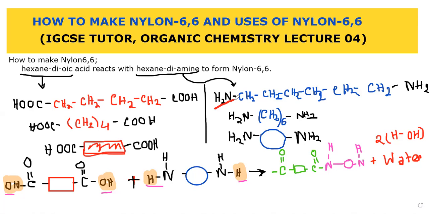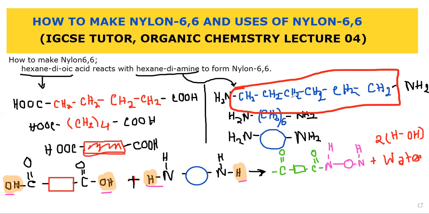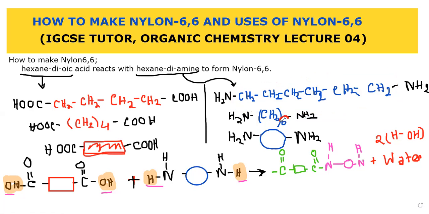So in the next line, we write down the functional group NH2, and like before, we sum up 6 CH2s, that is CH2 and 6, which means there are 6 CH2s. And we symbolize CH2 6 as a circle. We are just assuming that CH2 6 is a circle.